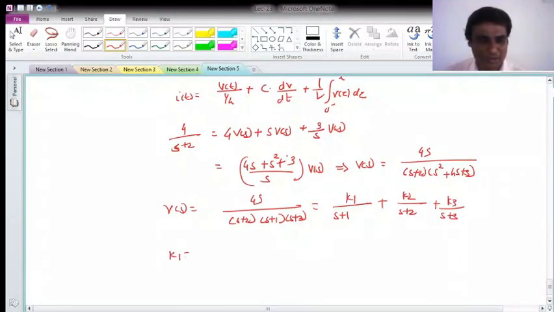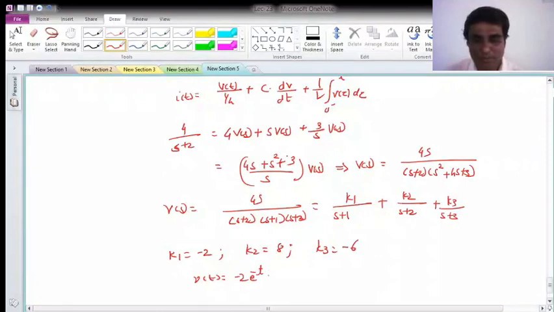K1 is minus 2, K2 is 8, which is at s plus 2, and K3 is minus 6. So my V of t will be minus 2 e raised to minus t plus 8 e raised to minus 2t minus 6 e raised to minus 3t.